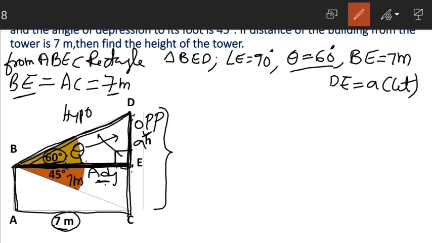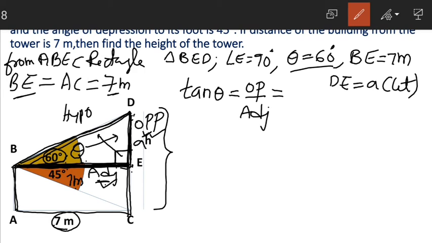Now to find DE value, which trigonometric ratio is suitable, that we have to recall. Here we need the opposite side, and the adjacent value we know. The trigonometric ratio related to opposite and adjacent is tan. So we have to choose tan theta, which is nothing but opposite by adjacent.